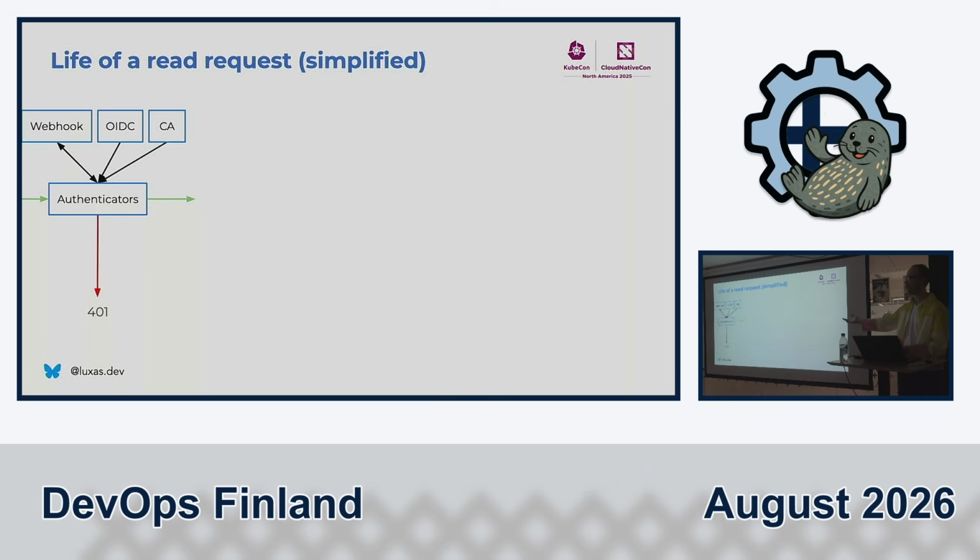So you need to understand who is the user that is trying to do this request. In the Kubernetes case, it lets you use OIDC or maybe client certificates or some custom way. But at the end of the day, you get a username basically and a set of groups, right? So now you know who it is, you know the actor, and you know what groups they are a part of.